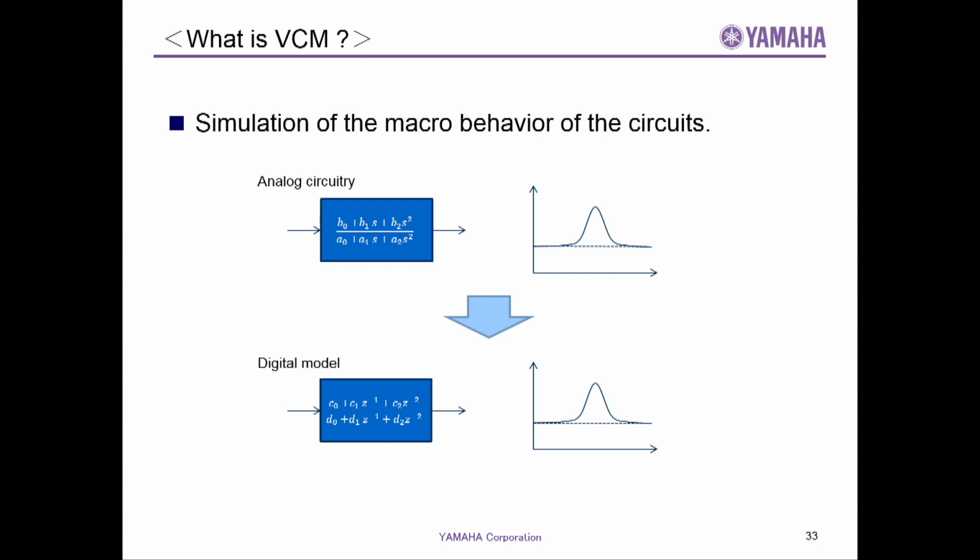In rare cases, the sound at very high frequencies, near the Nyquist frequency, causes some minor problems. We have to fix that, but still the problem is very simple. So we call it macro behavior modeling.